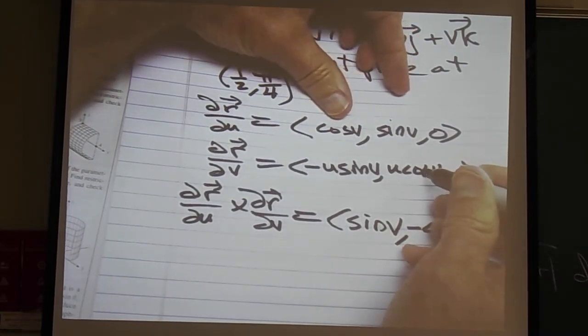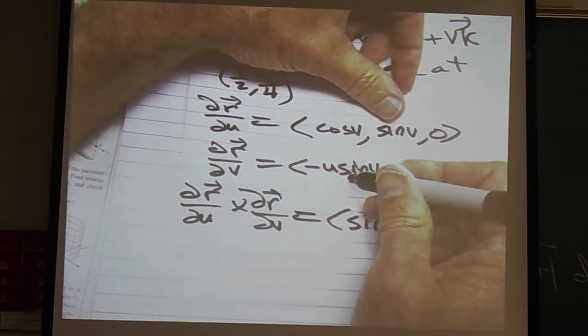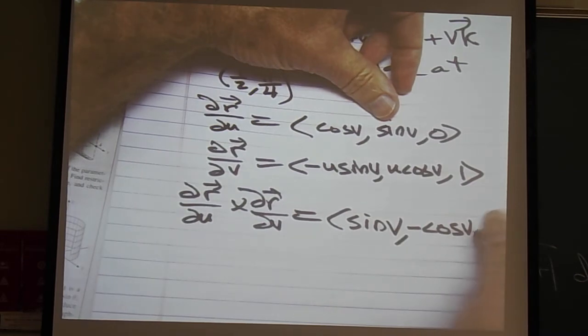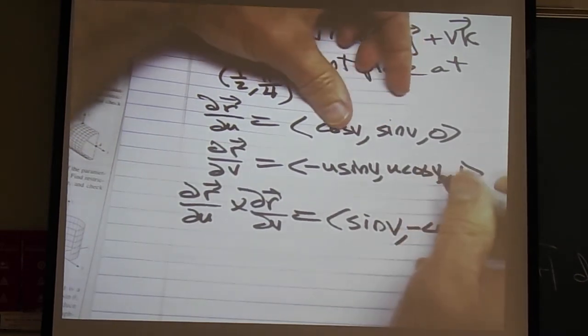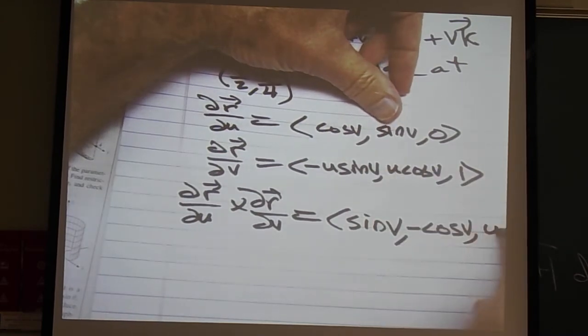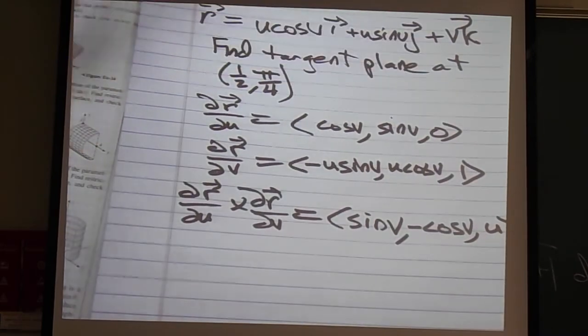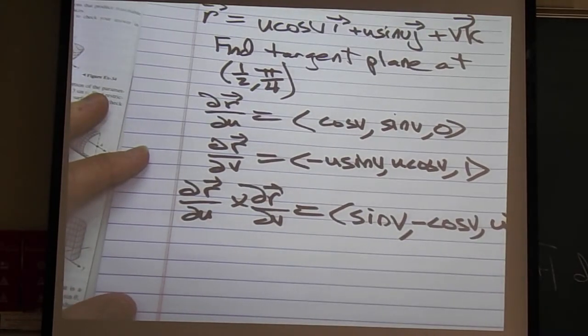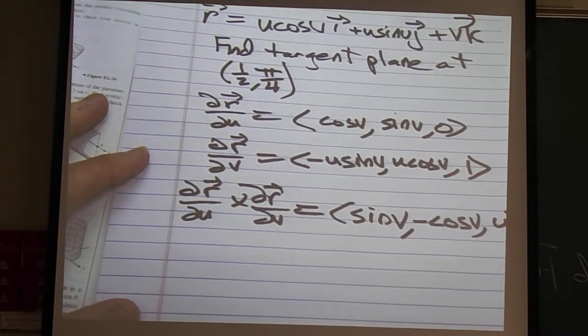And then for the third, u cosine squared plus u sine squared is just u. And so there's their cross product, done very quickly: dr du cross dr dv.